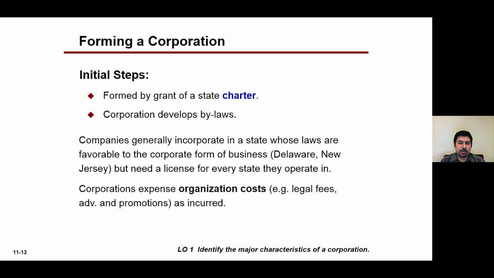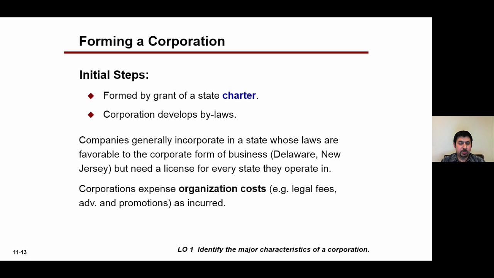Companies, most of the time, pick a state where the laws, mostly tax laws, suit their corporate form of business most. For example, it doesn't have to be where their main business is conducted. The companies can be incorporated in any state, but just in one state.